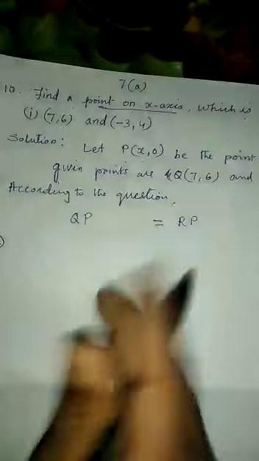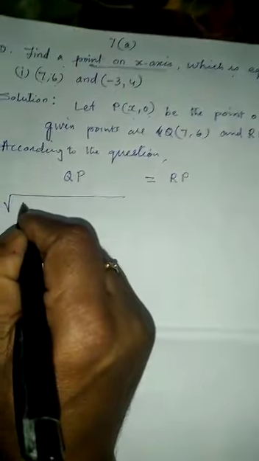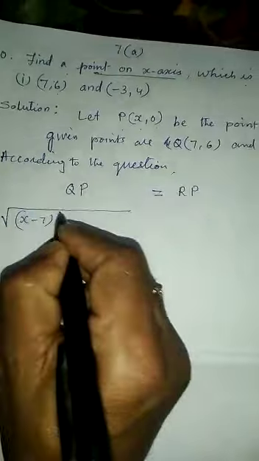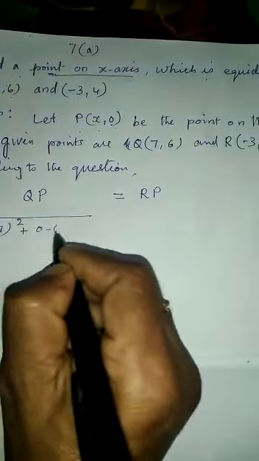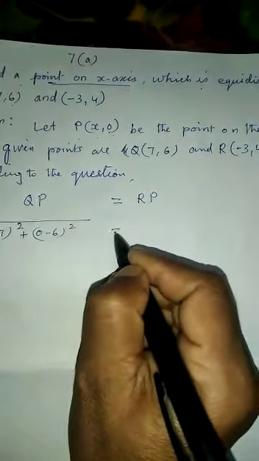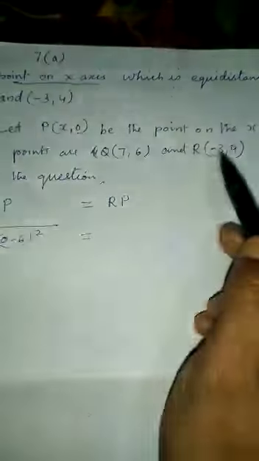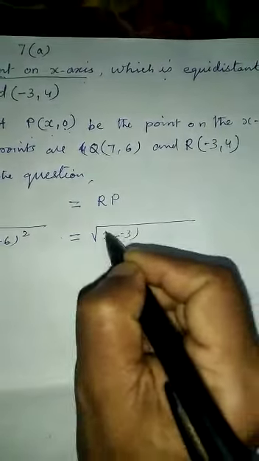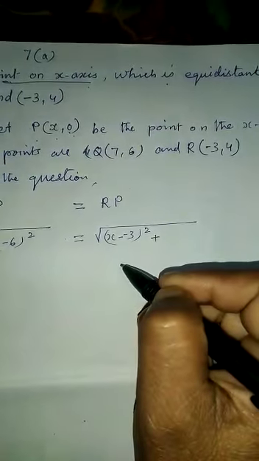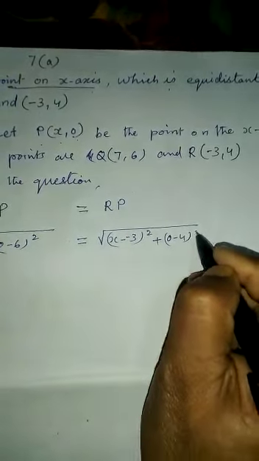It implies by distance formula we can write QP. QP is square root of (x minus 7) whole square plus (0 minus 6) whole square. That's equal to, then what is RP? RP is square root of (x minus (-3)) square, that is (x plus 3) square, plus (0 minus 4) whole square.